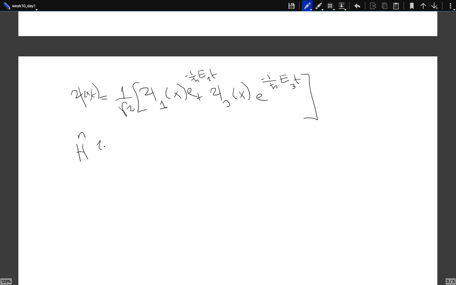You see, H psi n is equal to E n psi n. This is what I will use. This is nothing but the time-independent Schrödinger equation. So what's the average energy, or the average Hamiltonian?